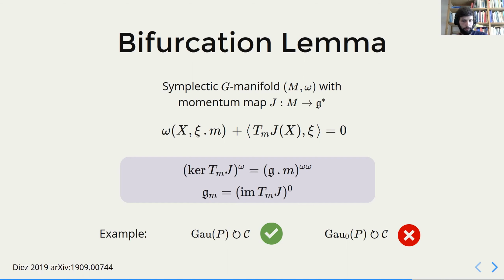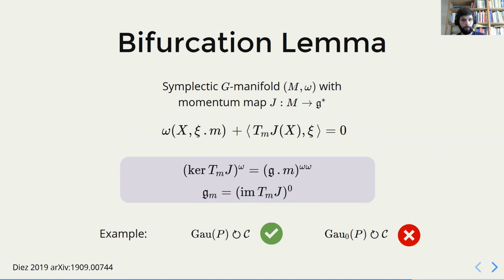So you would like to first quotient out by these pointed gauge transformations. And because that would be a free action, it turns out this would be a symplectic space, and maybe even finite dimensional. And then you could study this stratified space that you get, the moduli space of connections, by first reducing by the pointed gauge transformations.